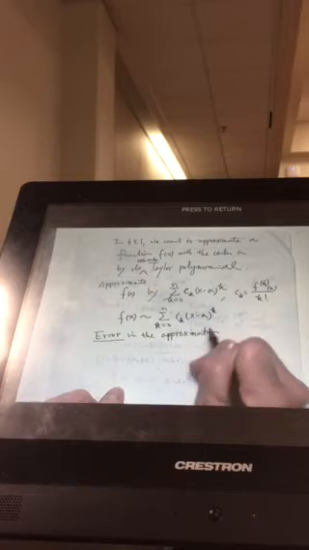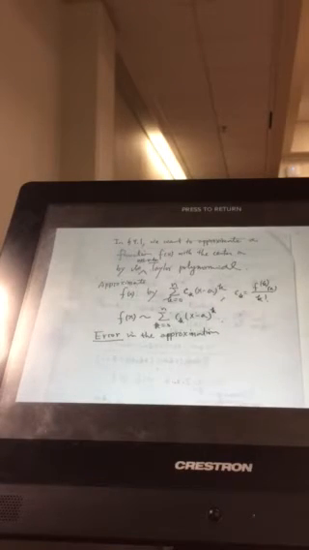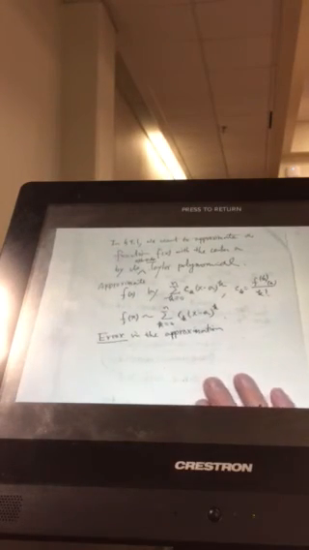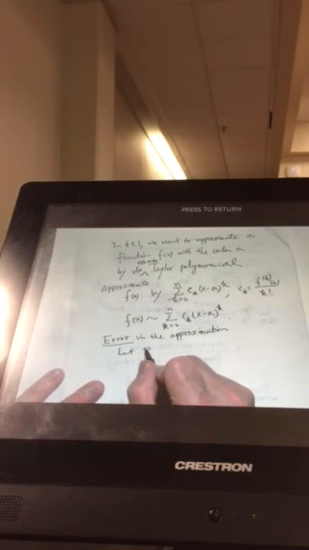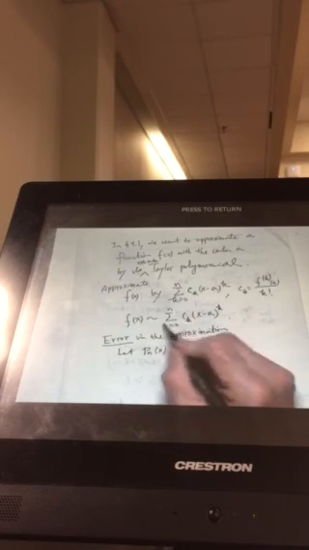Now there's a nice formula given. So I'm just going to copy it down. Anyway, let me use the notation P sub n of x to be this guy.